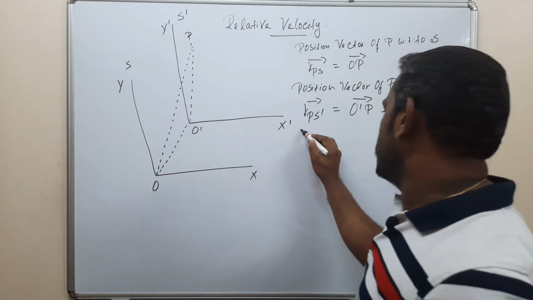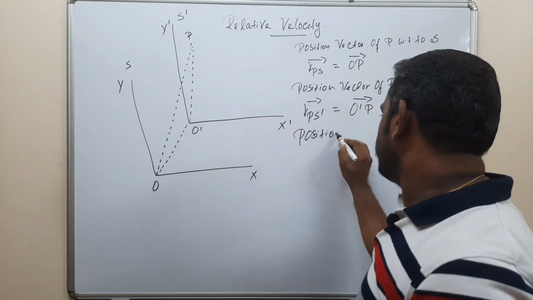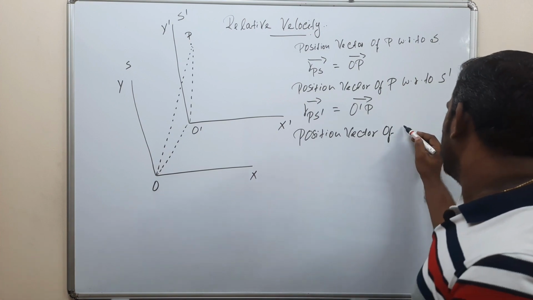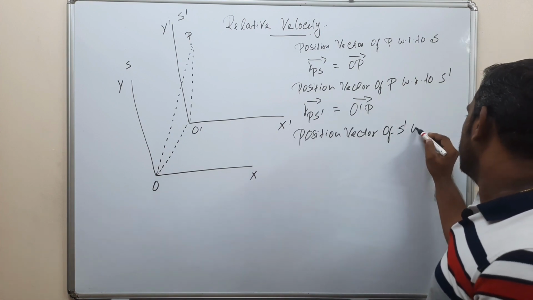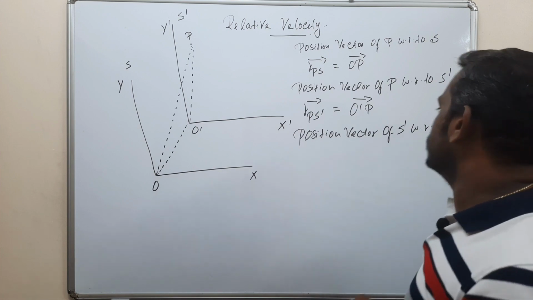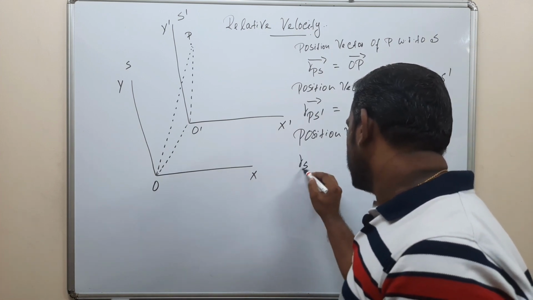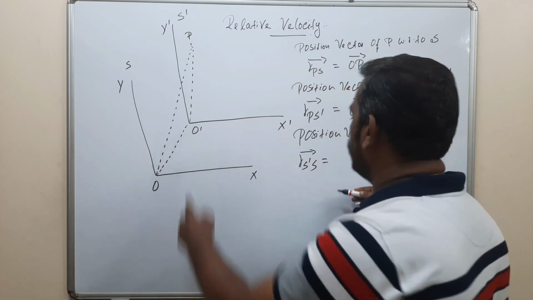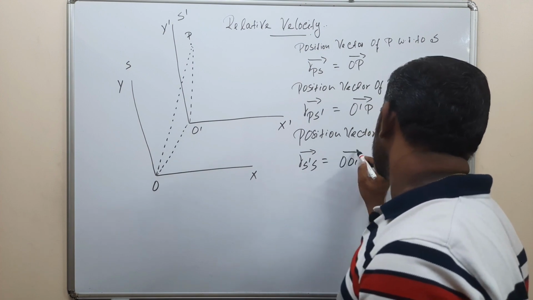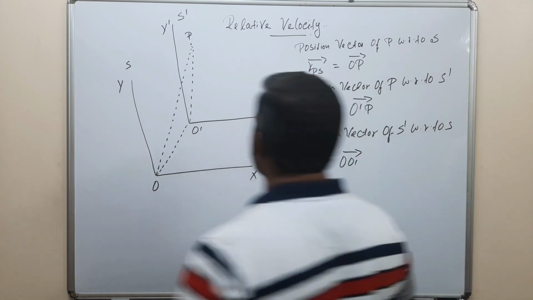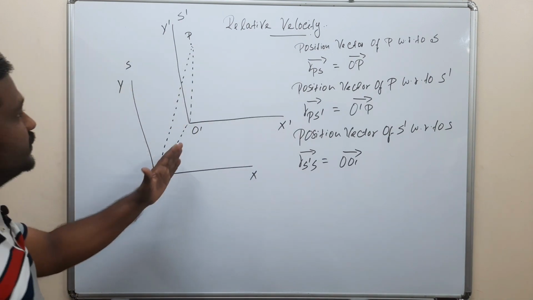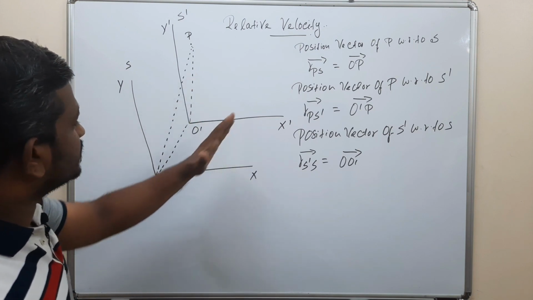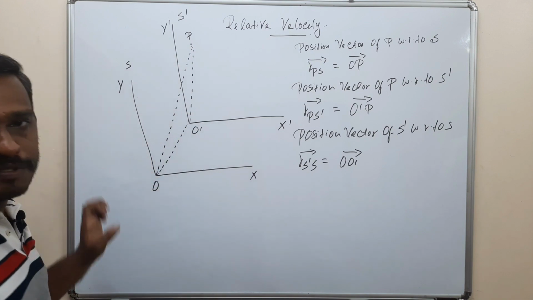Similarly, the position vector of the S dash frame with respect to S, R S dash S, is equal to the OO dash vector. So we have the position vector of P with respect to S, the position vector of P with respect to S dash, and the position vector of S dash with respect to S.